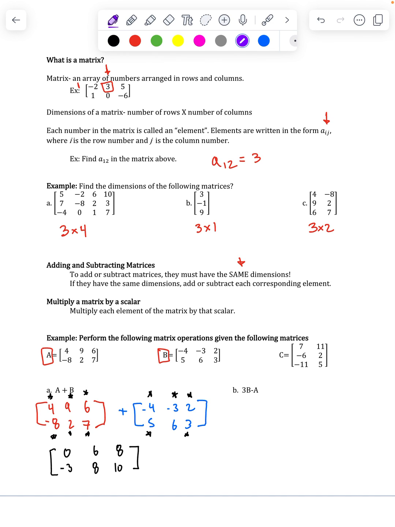Another thing we can do with our matrix is multiply by a scalar. When I'm multiplying, each element is then multiplied. So let's take a look at this.